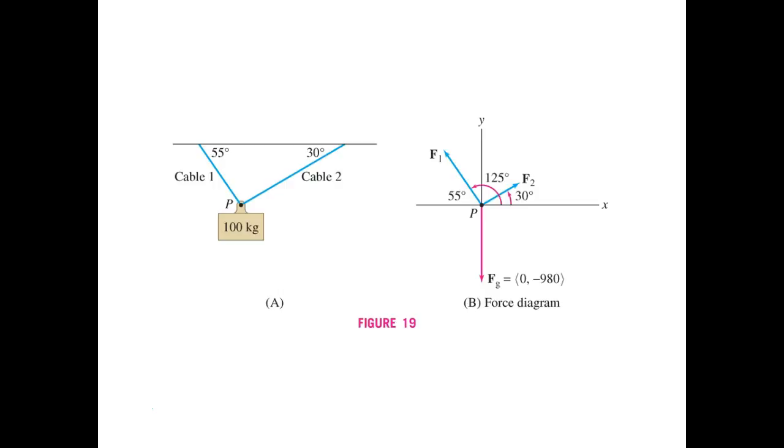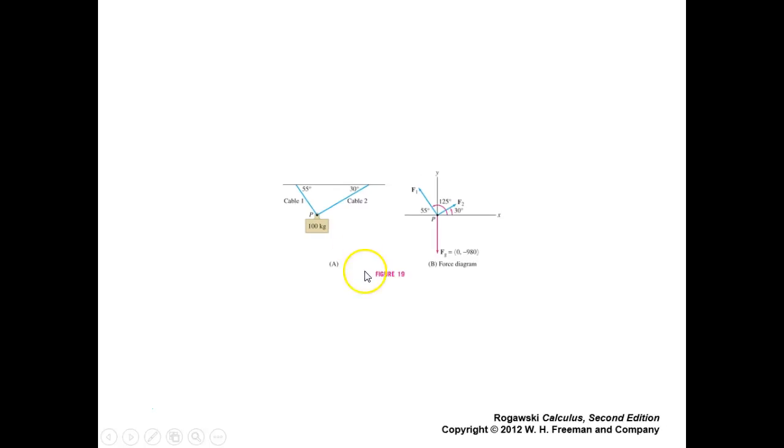Okay? Net force is 0. Okay? So we'll talk about that, and of course, in order to write, I've got to do this. Let's talk about the X direction, the i direction. Okay? Three forces acting on it. Okay? F1, F2, and Fg. So what's the X component of F1?